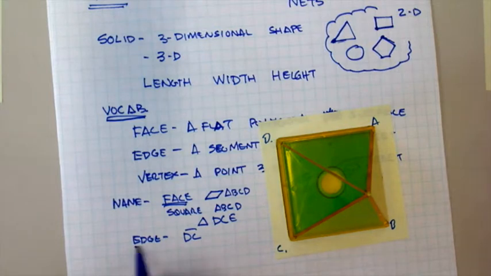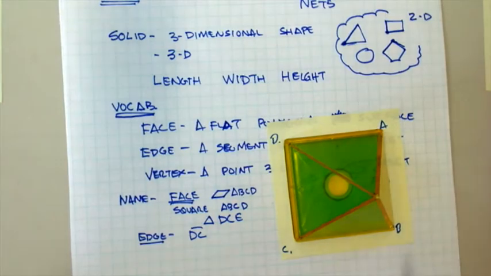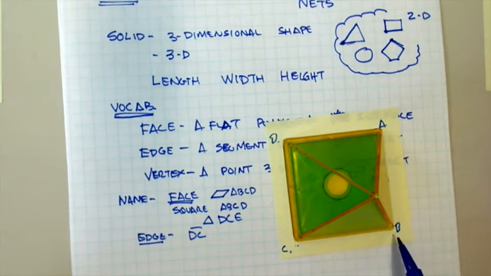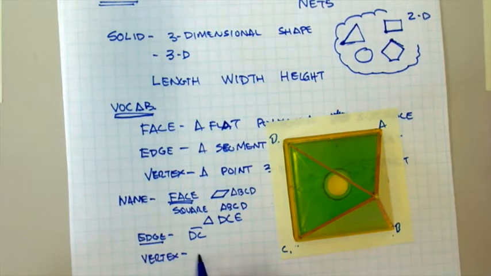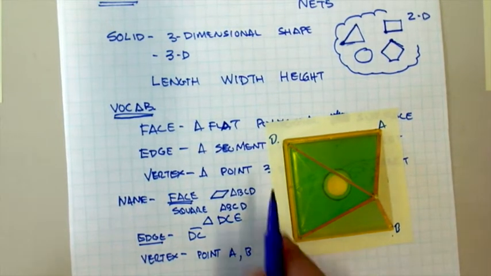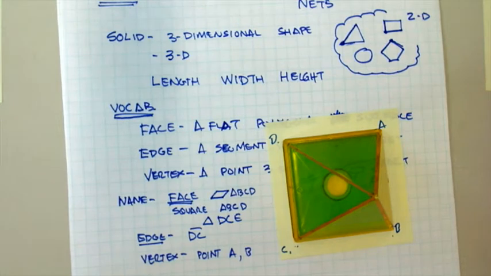So again, the edge is named by the endpoints of that segment. And of course, those endpoints are each a vertex. Each one of these vertexes or vertices would be point A over here, point B down here, C, D, and E, and so on.